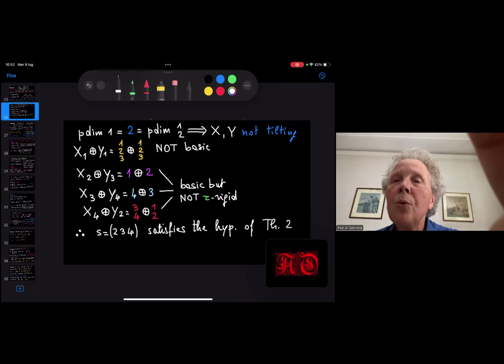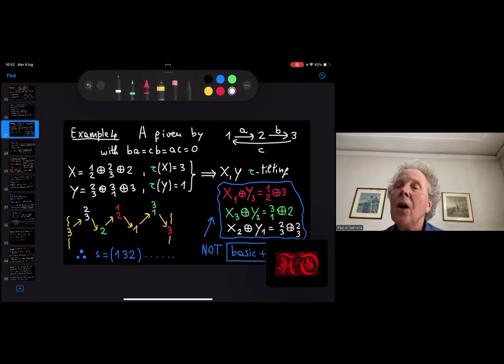Another example with an algebra of infinite global dimension. We take the algebra given by this quiver without path of length 2, and in this case, the direct sum of 1, 2, 2, 3, and 2, and similarly, the direct sum of 2, 3, 3, 1, and 3 are tau-tilting modules.